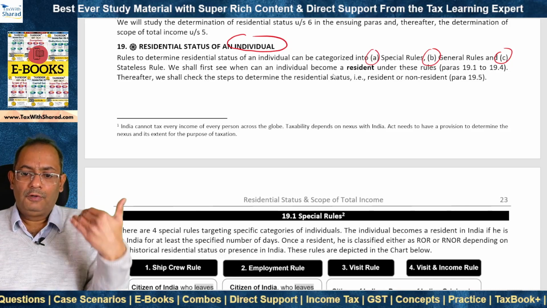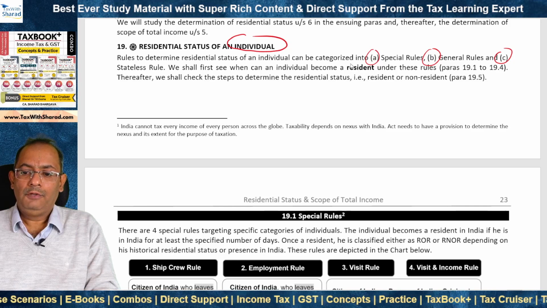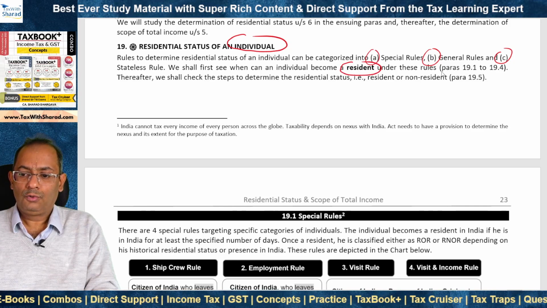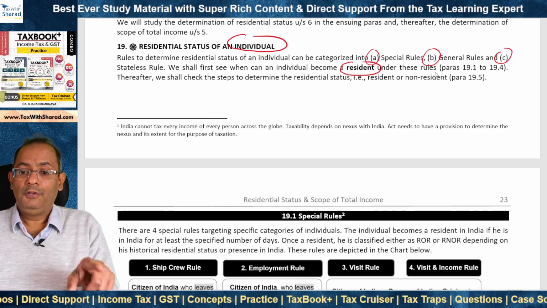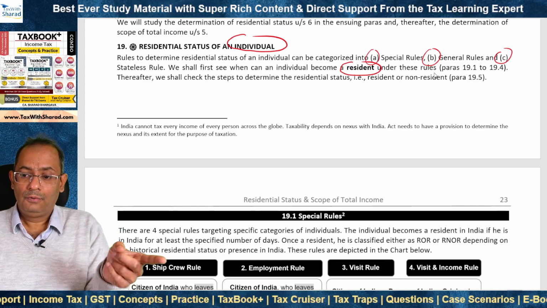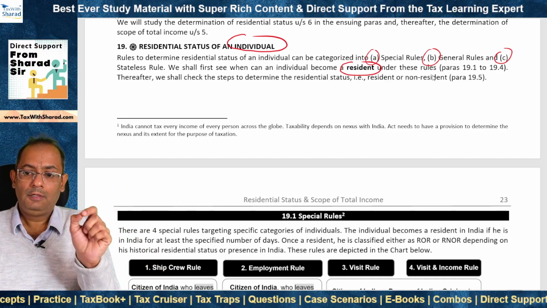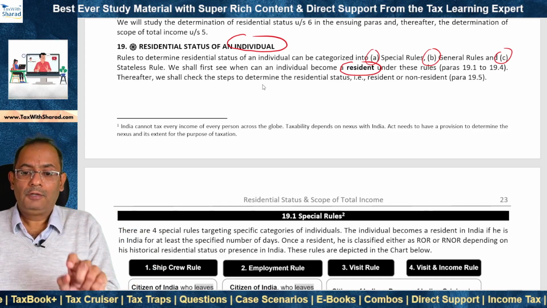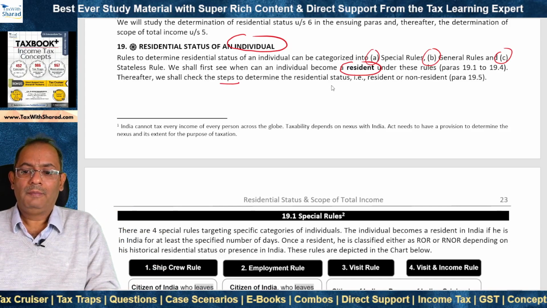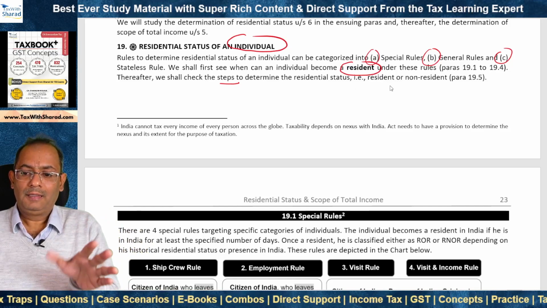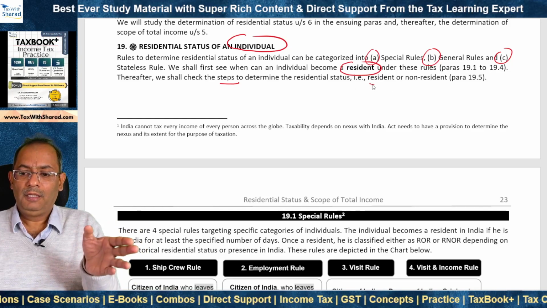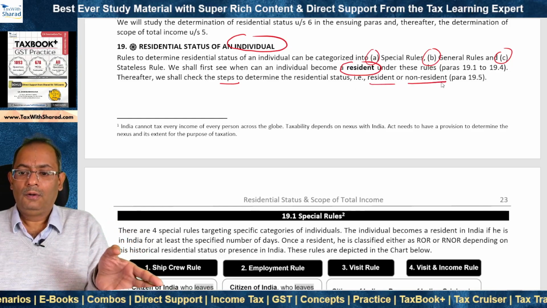Right? First, we will see when can an individual become a resident under these rules. When can an individual become a resident under a special rule or a general rule or a stateless rule? First, we will look at that. Thereafter, we will check the steps to determine the final residential status as to whether the status will be that of a resident or a non-resident.